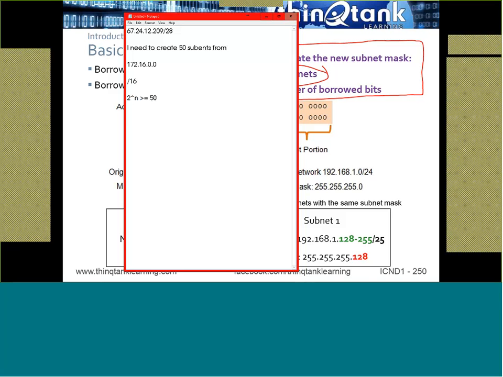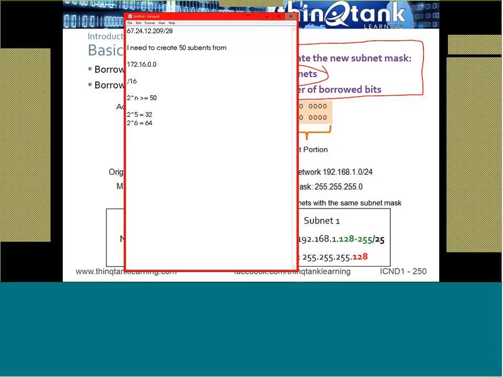If I solve for the formula, 2 to the power of 5 is what? 32. 2 to the power of 6 is 64. 2 times 2 times 2 times 2 times 2 times 2 is 64.